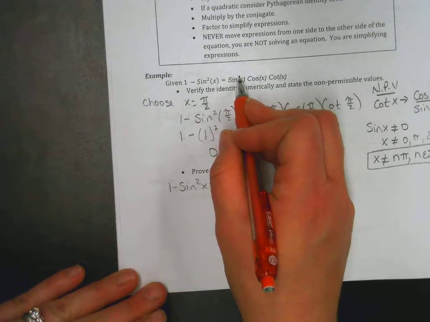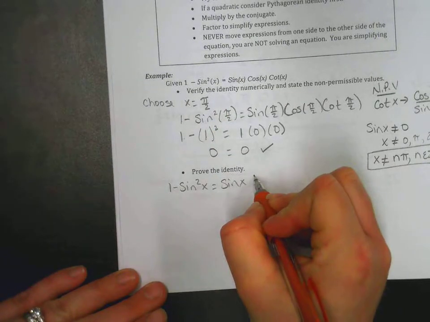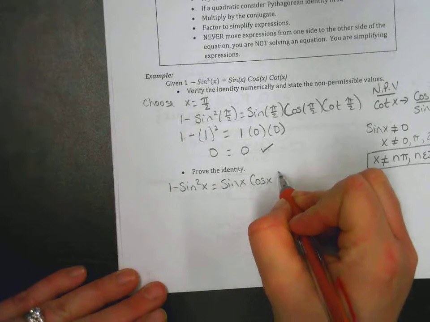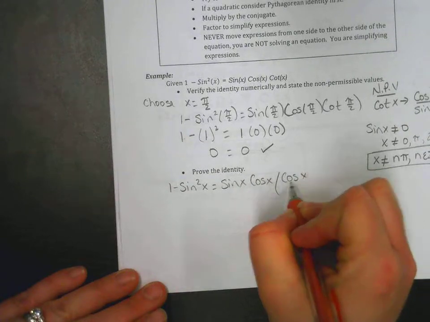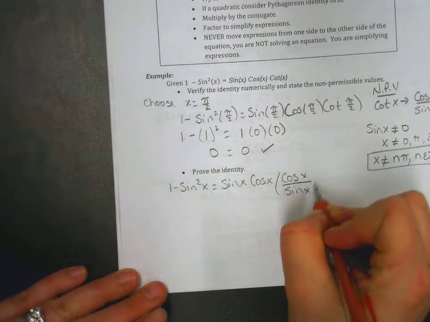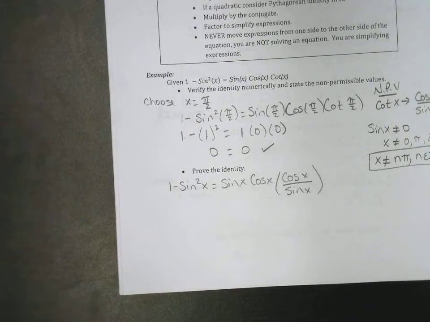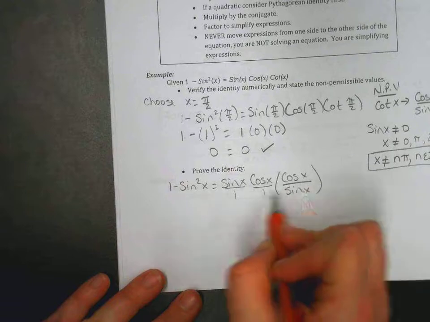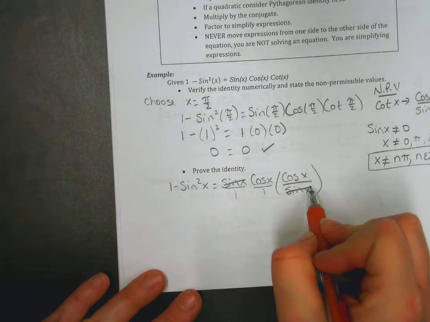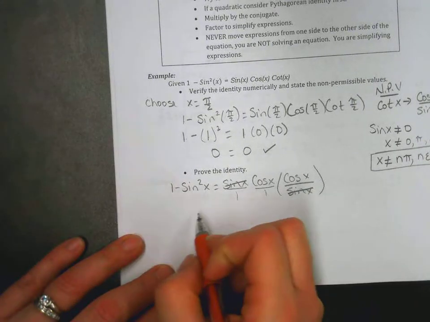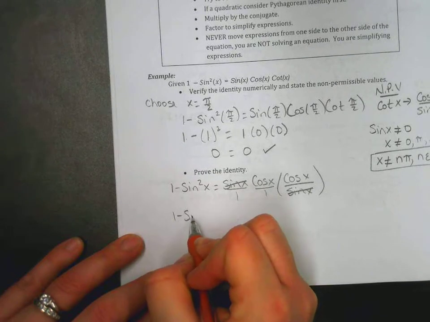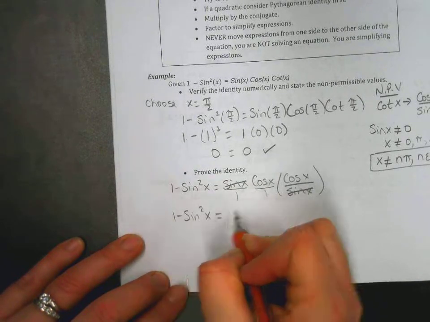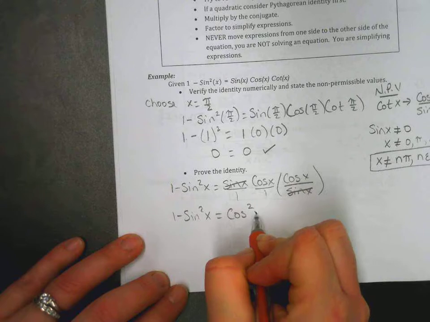I can't really change sine of x to anything, but I can replace cotangent of x with cos of x over sine of x. And because this is all multiplication, this sine of x is going to cancel with this. So then what I'm left with is 1 minus sine squared x equals cos squared x.